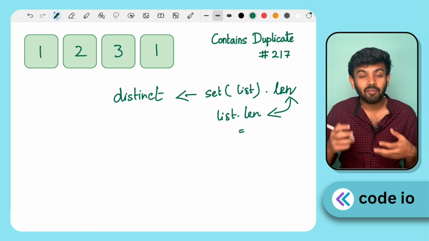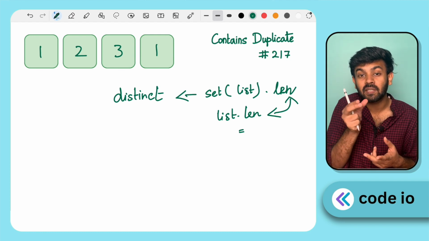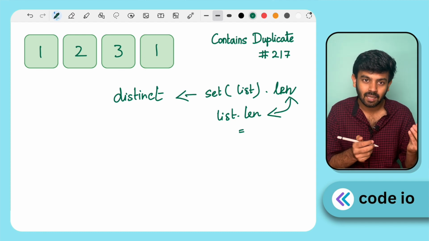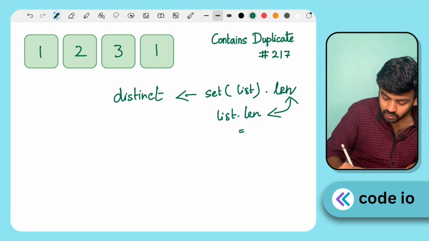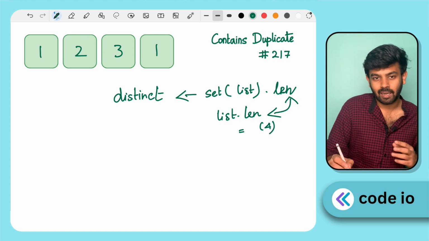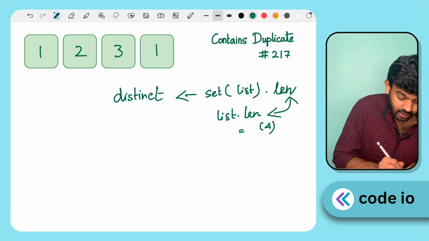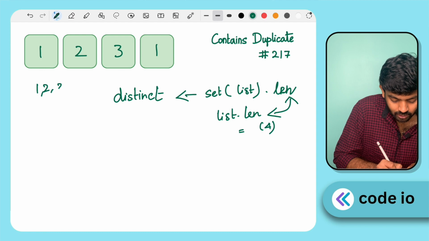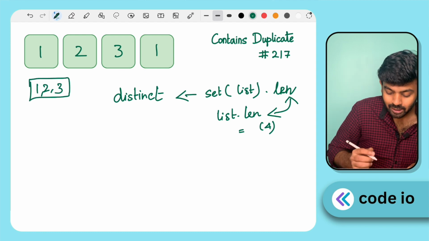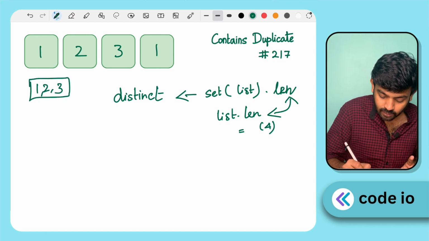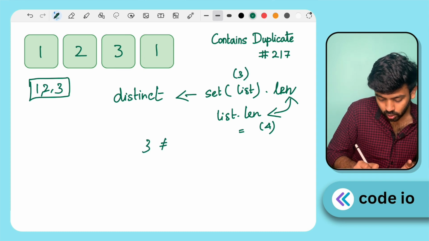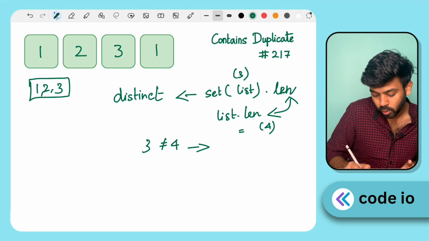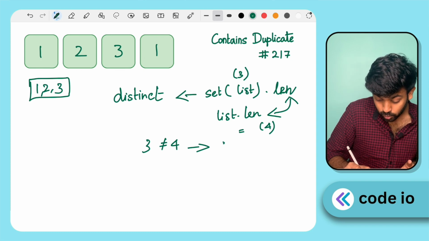Because if it had any duplicates, the length of the set would have been reduced, because it only takes distinct elements, right? In this case, the length of the list is 4, because it has 4 elements, but the length of its set would be just 3, because it would only have 1, 2 and 3, because those are the only distinct elements. So the length of the set is 3. Now 3 is not equal to 4, so you would return that it has duplicates.